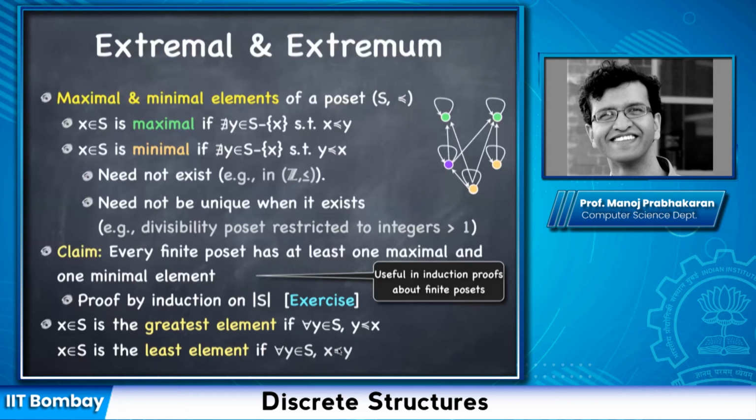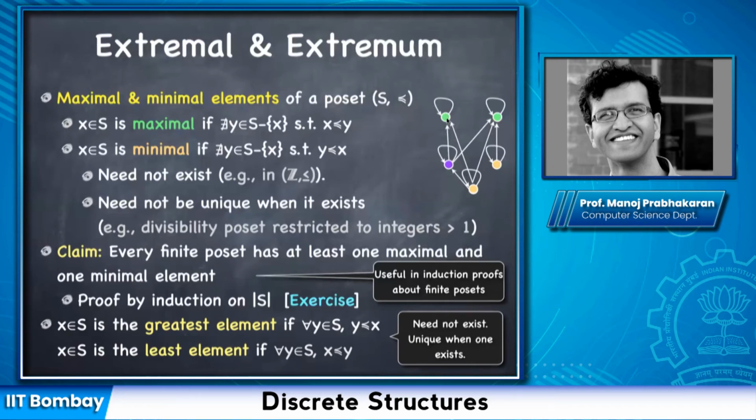Again, I'm saying less than or equal to, but it's whatever the relation is here, whatever the partial order is. And the greatest element, just like maximal and minimal elements, need not exist. In fact, they need not exist even in a finite poset, right? So here, there is no greatest element. If it were to exist, it would have been one of these maximal elements, but since there are two maximal elements, neither of them can be the greatest element.